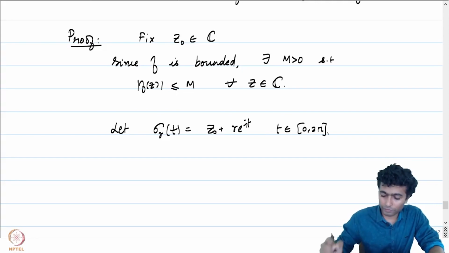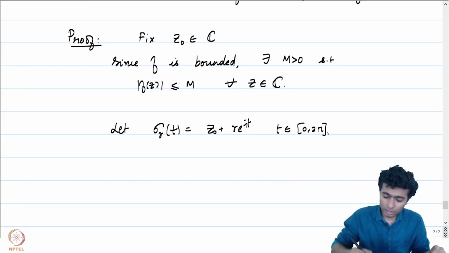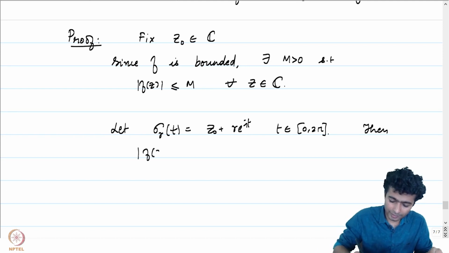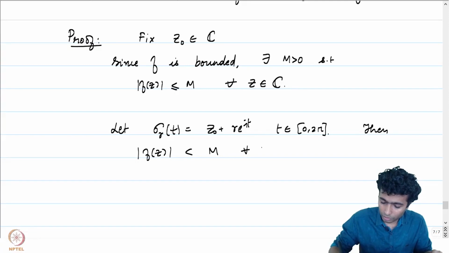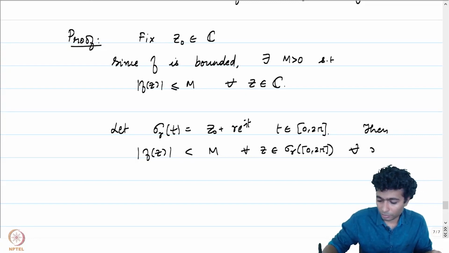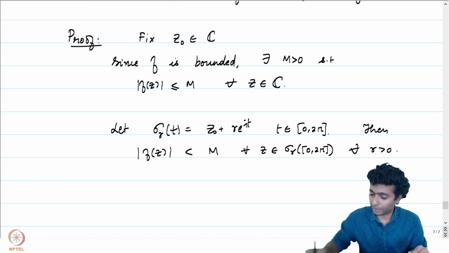This is the circle of radius r around z0. Then mod of f of z is less than or equal to M, in particular for all z in the image of sigma r, for all r positive. This is uniformly bounded by capital M.